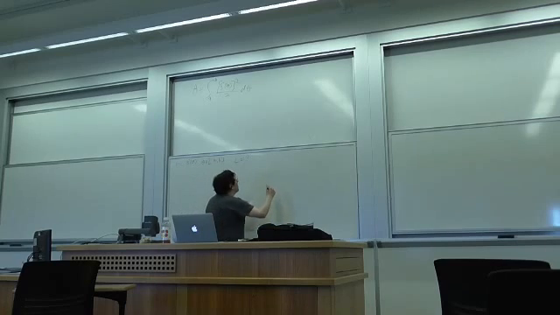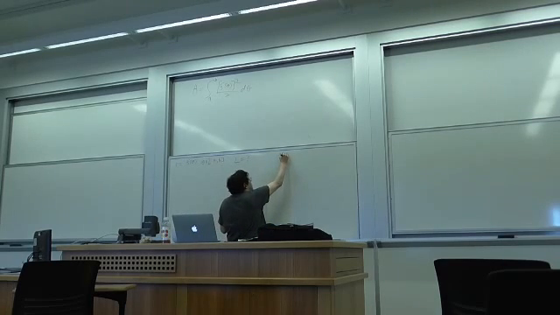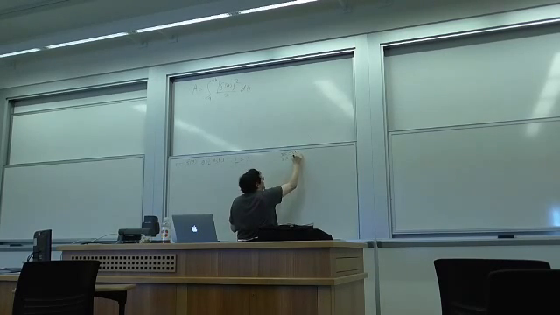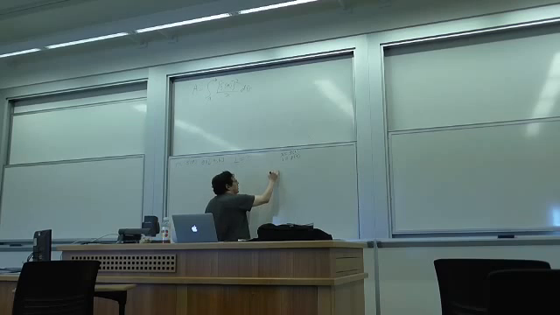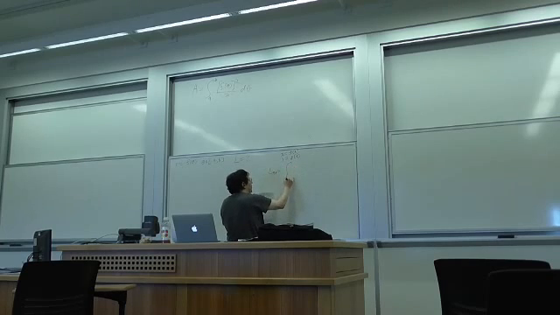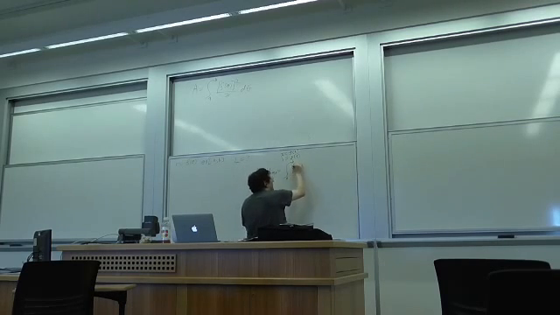Recall that you have some x equals f of t, y equals g of t, that the length from a to b is just the integral from a to b of the square root of f prime of t squared plus g prime of t squared dt.